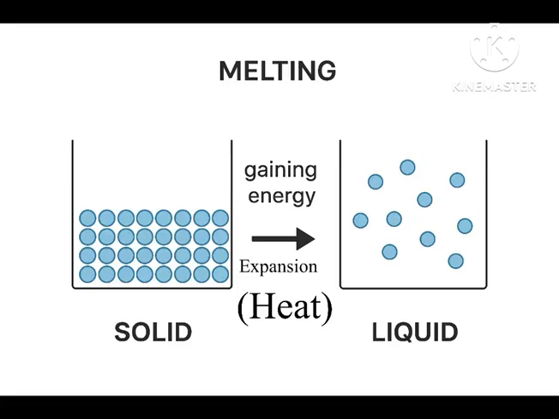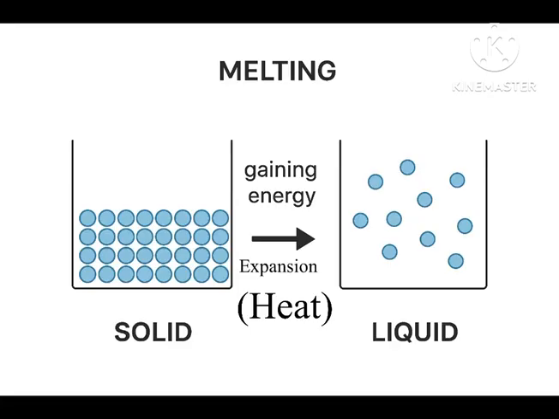Melting. It is a process by which a solid changes into a liquid on heating. What happens is when heated, the molecules that are present in this solid gain energy and the intermolecular force जो इनमें होता है becomes weak and these molecules start moving away from each other and get converted to a liquid.